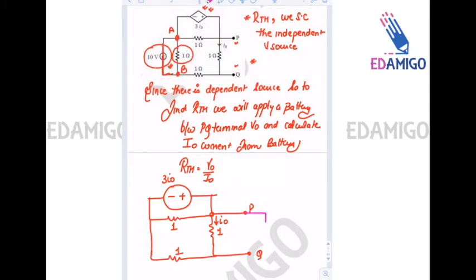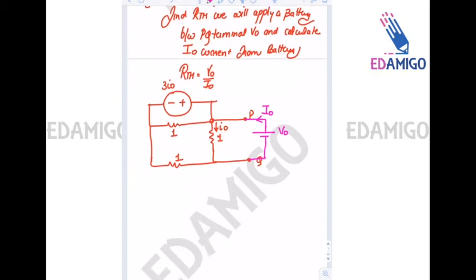Now I apply a battery of V0 voltage and assume that the current is capital I0. Since V0 voltage is also across this 1 ohm resistance, I0 is equal to V0 upon 1.